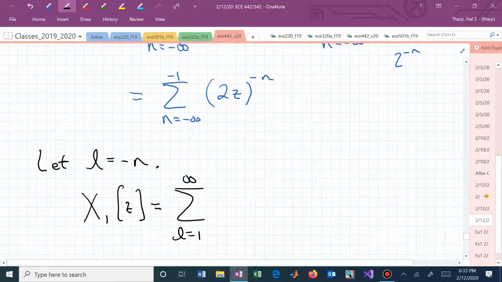L now is going from 1 to infinity. That's maybe more comforting. And what do we have here? We didn't change the argument, but now minus n we set equal to L.